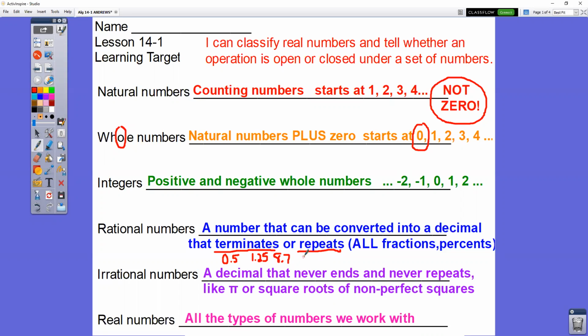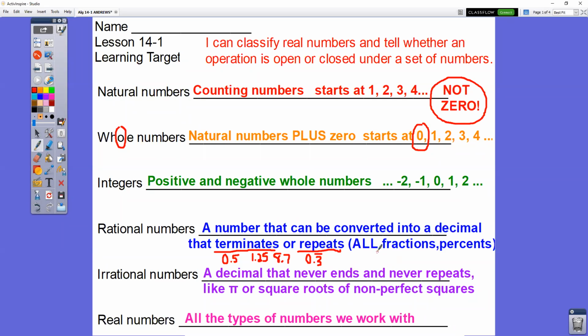A repeating decimal, you've seen repeating decimals before. For example, 1/3 is really like 0.3 repeating, 0.3333333 goes on and on and on forever.